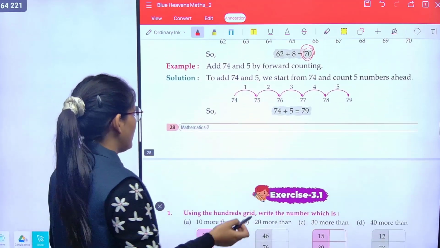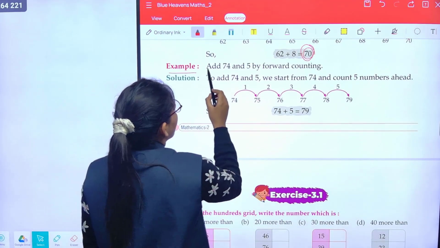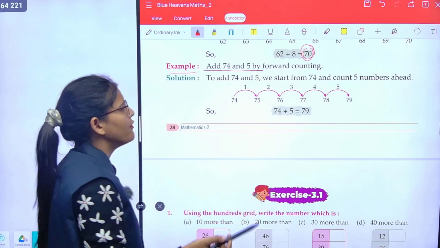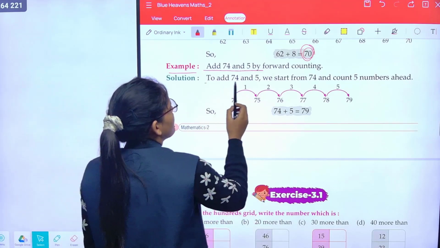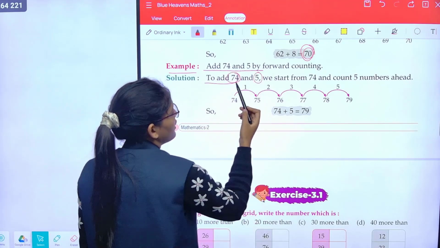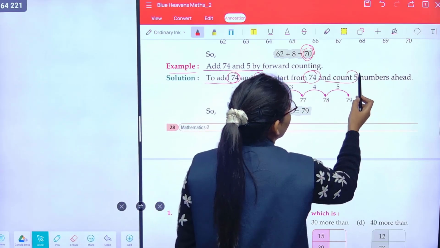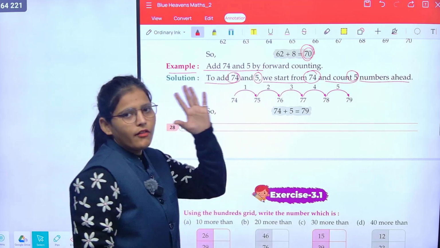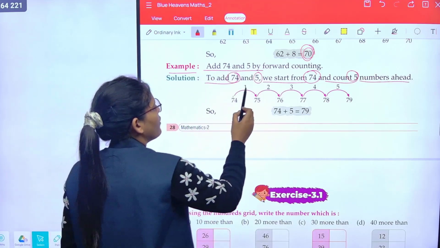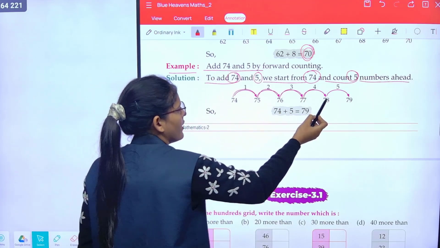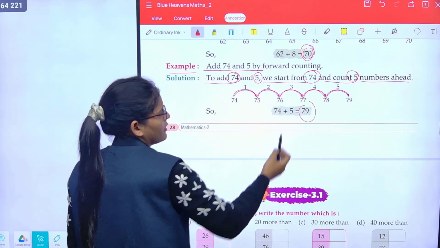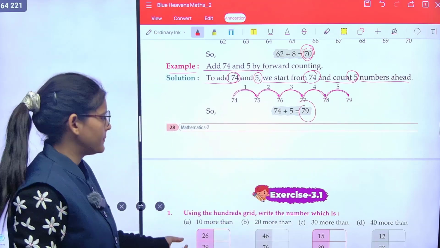Now example: add 74 and 5 by forward counting. We start from 74 and count 5 numbers ahead: 75, 76, 77, 78, 79. So the required sum is 79.